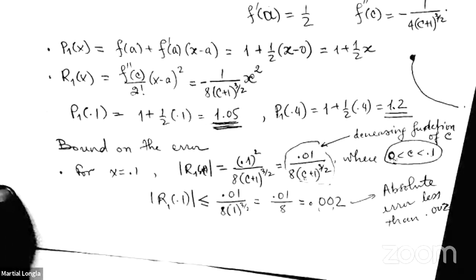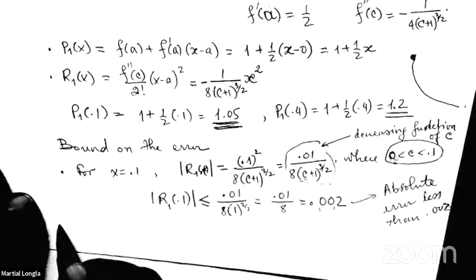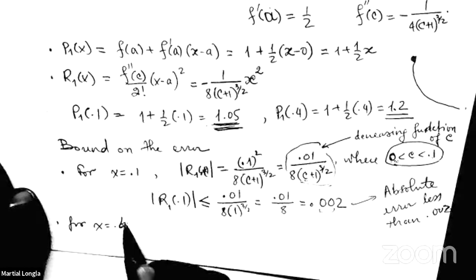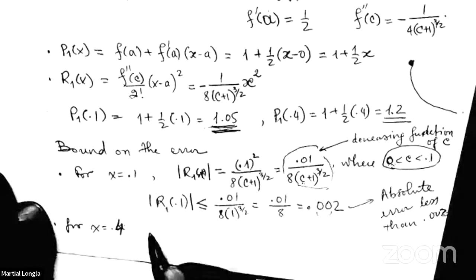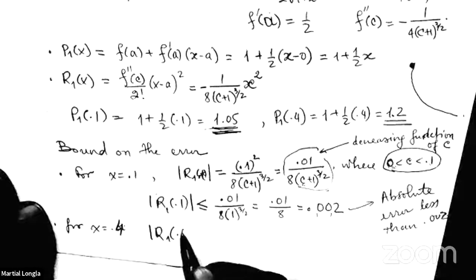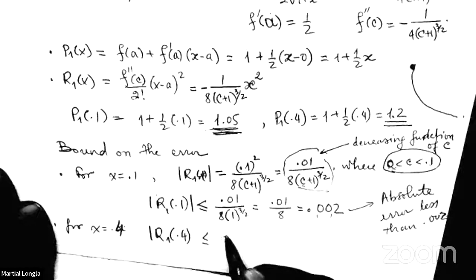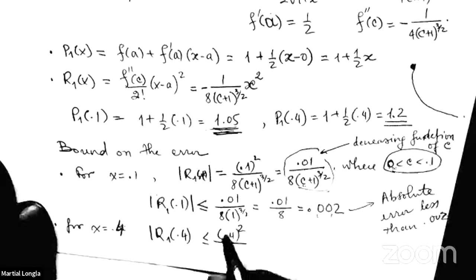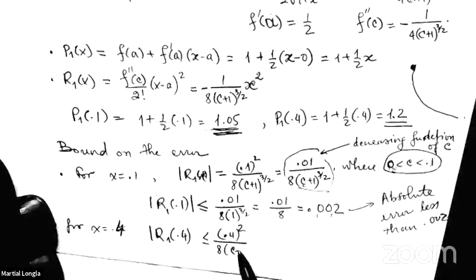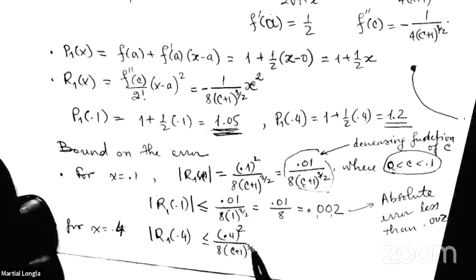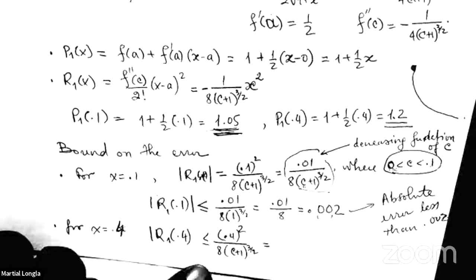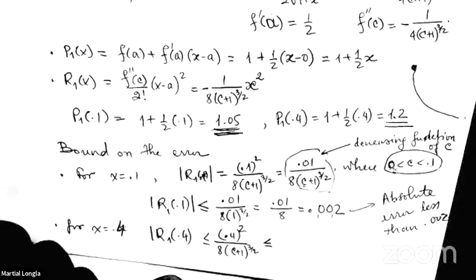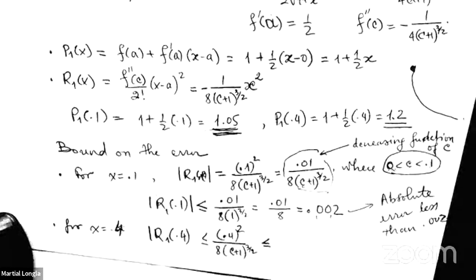And if you take 0.4, then the absolute value of R1 of 0.4 is less than 0.4 squared over 8 times (c plus 1) to the 3 halves. And for the same reason, this thing is going to be less than or equal to, because that's still (c plus 1) to the 3 halves.